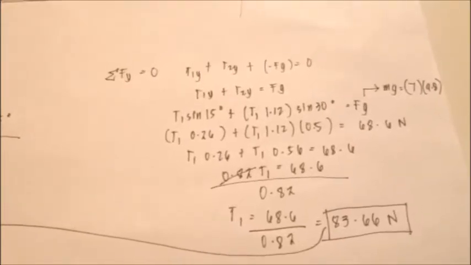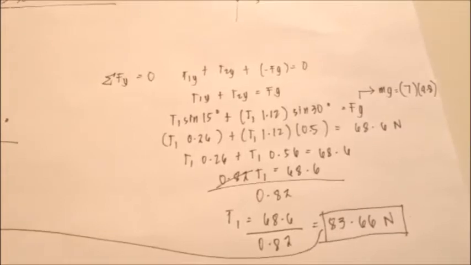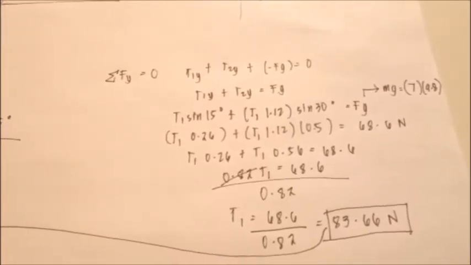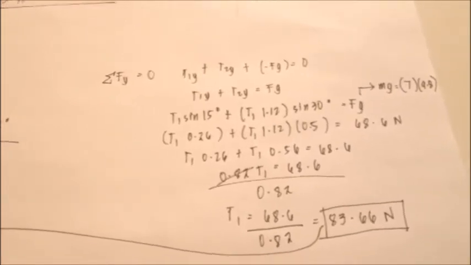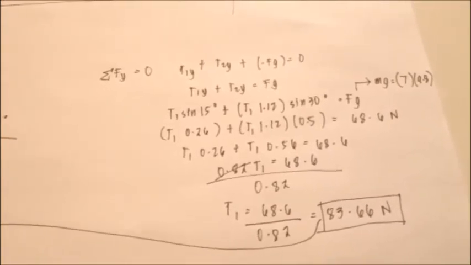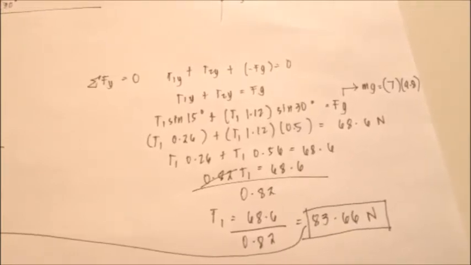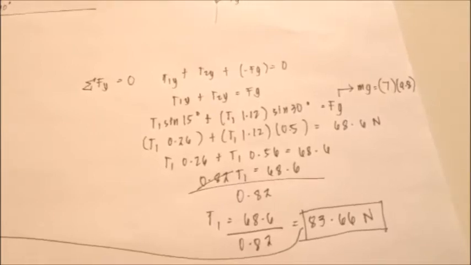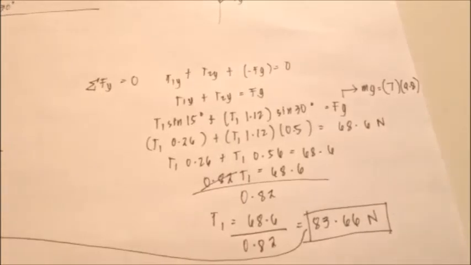So then T1 times 0.26, 0.26 is the equivalent of sine 15 when you input it into a scientific calculator, plus T1 times 1.12 times 0.5, which is equal to sine 30, equals 68.6 newtons. The reason why I got 68.6 newtons is because Fg is also mg, which is mass times gravity.